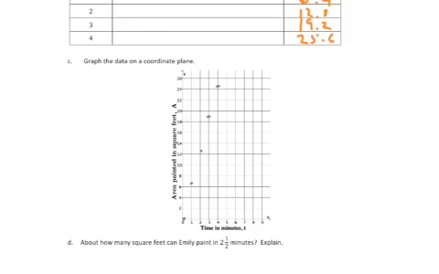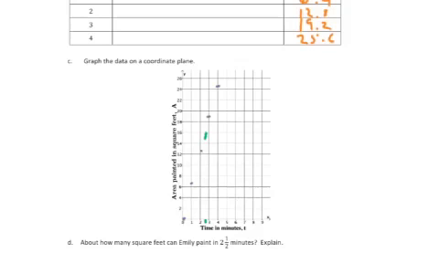Okay, so take a look at the graph that I have. Again, I plotted all the points at 0 minutes, 1 minute, 2 minutes, 3 minutes, and 4 minutes. So now look at question D. It says, about how many square feet can Emily paint in 2.5 minutes? Well, again, because we have a graph, we can now predict. So what you're going to do is come over to the 2.5 minute mark, which is right between the 2 and the 3. And you're just going to go up until you think it would fall between the 2 minute and 3 minute mark.